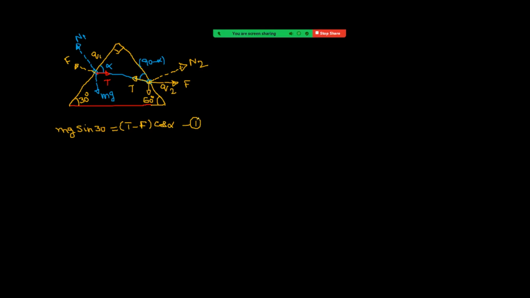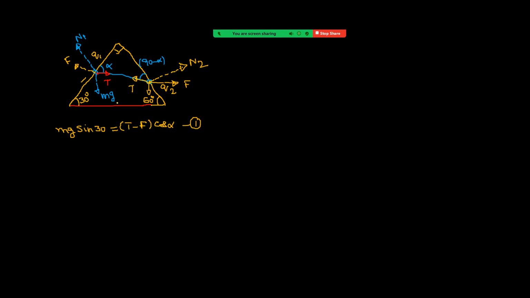Equation 1. Along the wire frame, net force must be zero, so the weight component must be balanced by the component of tension and force along the wire frame. That's why it is (T minus F) into cos alpha. This angle is alpha, so the component is cos alpha.